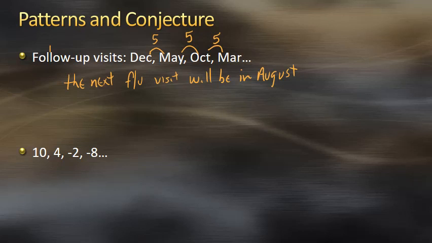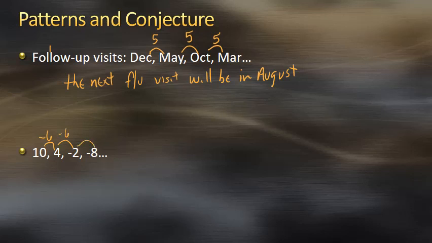Let's drop down to this numerical situation here. We've got the numbers 10, 4, -2, and -8. Let's see if we can recognize a pattern. The difference between 10 and 4 is -6. The difference between 4 and -2 is -6.